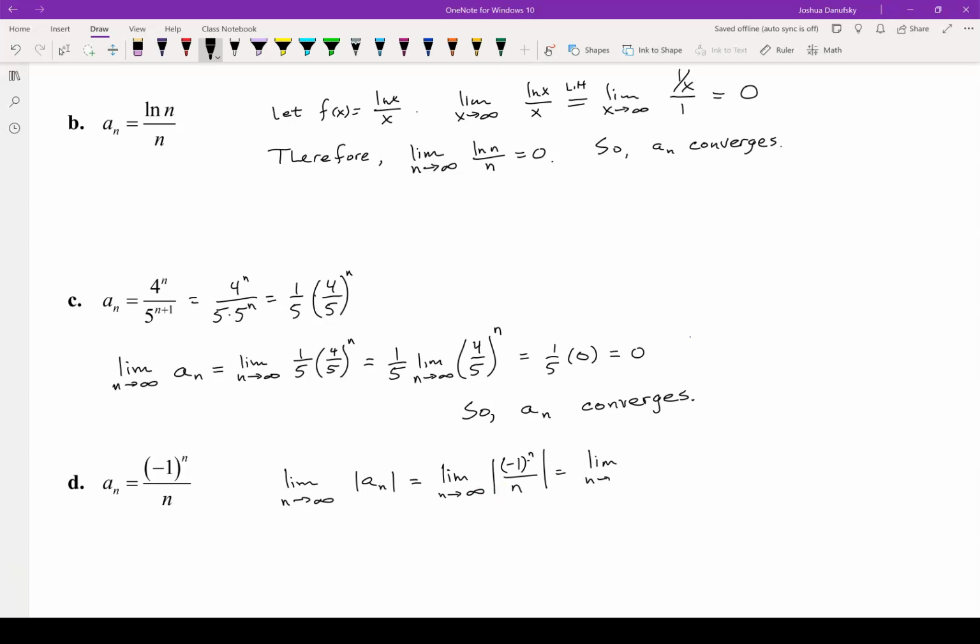That, of course, is going to make all of our terms positive, so we end up with the limit as n approaches infinity of 1 over n, which is equal to 0.